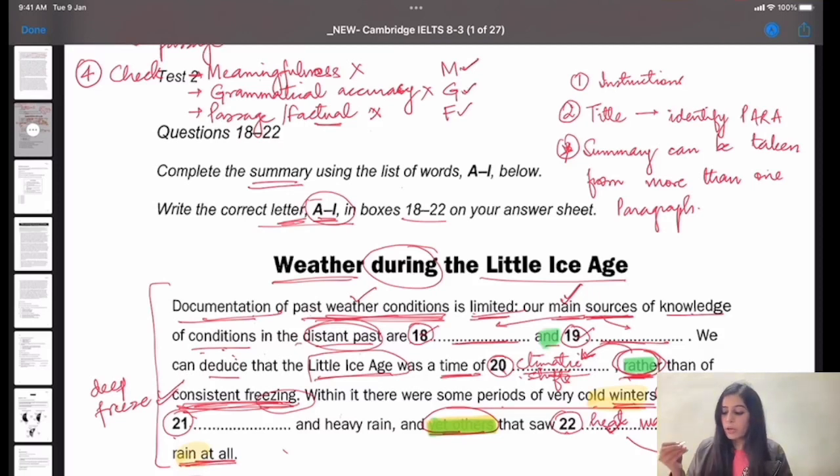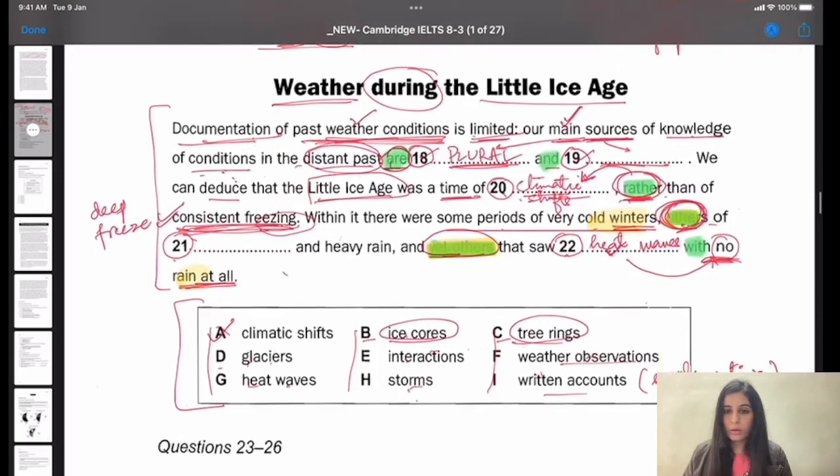So always look out for meaningfulness and grammatical accuracy. Grammatical accuracy can be looked out for by these words: are. If a blank is preceded by are, for example, then obviously this would be plural. So if you notice, ice cores and tree rings both are plural. Can you see it?